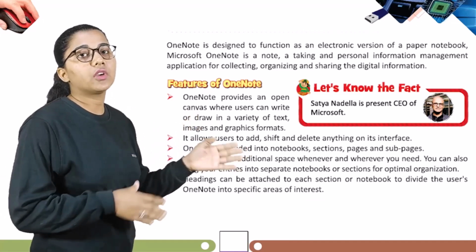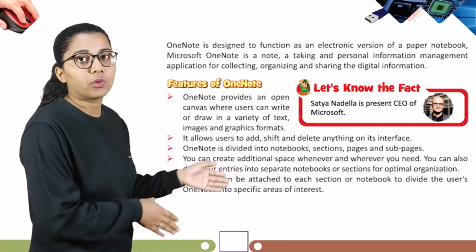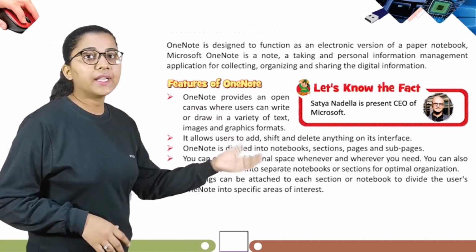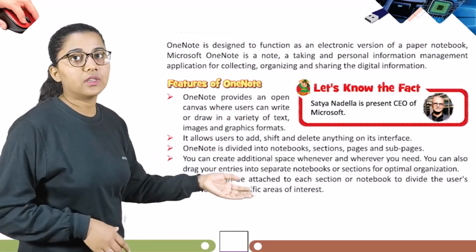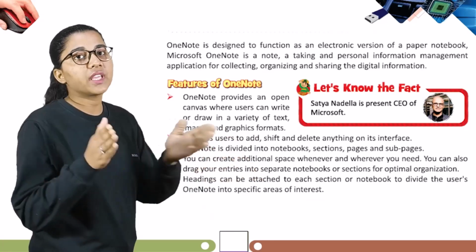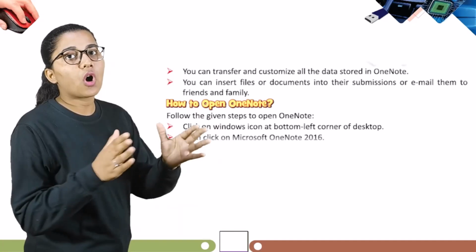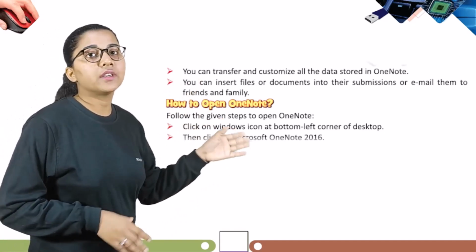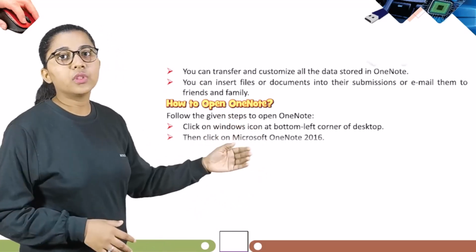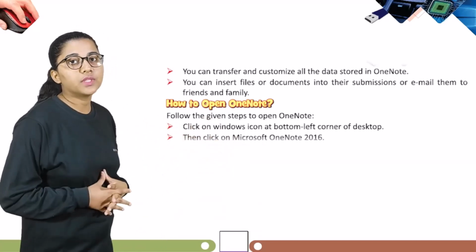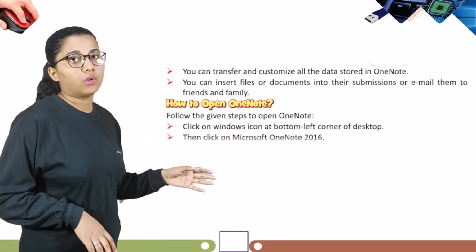You can also drag your entries into a separate notebook or section for optimal organization. Headings can be attached to each other or notebooks to divide the user's OneNote into specific areas of interest. You can transfer and customize all the data stored in OneNote. You can insert files or documents into their submission or email them to friends and family. Students, these are the features of OneNote.